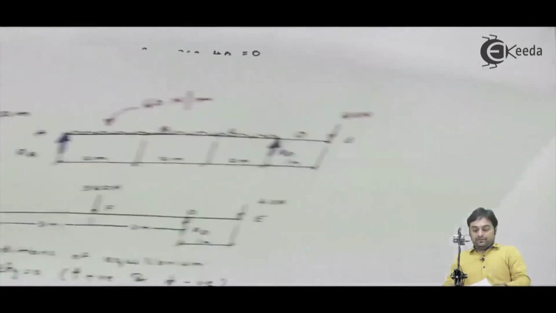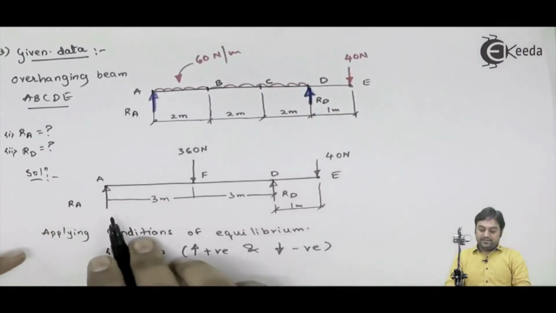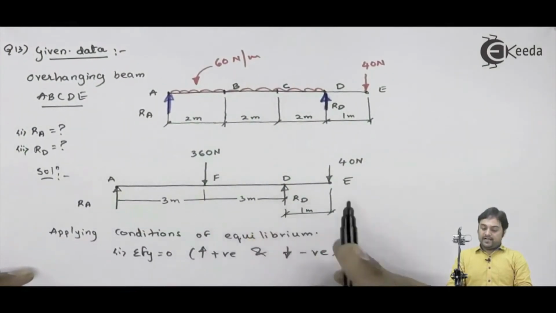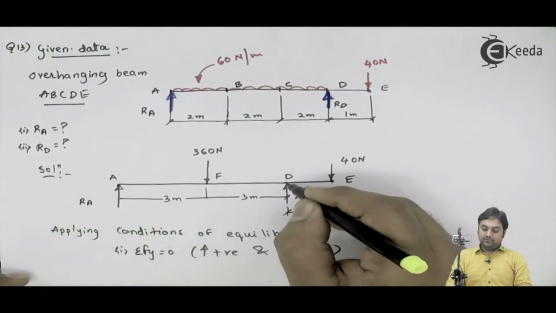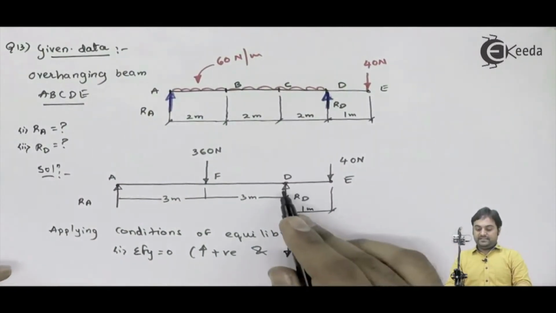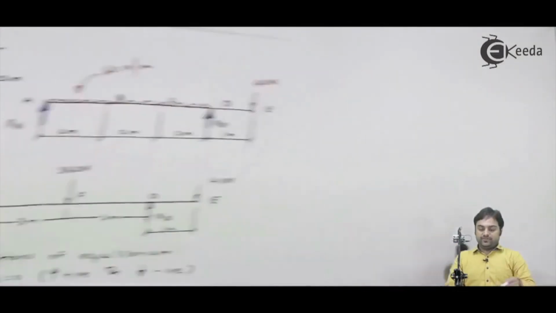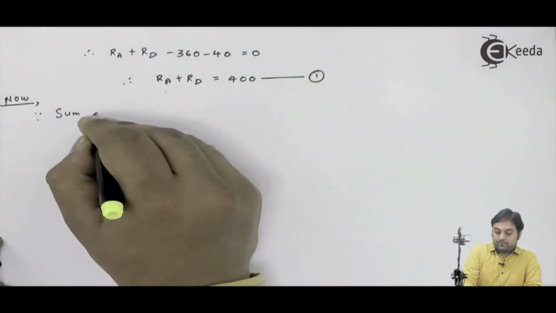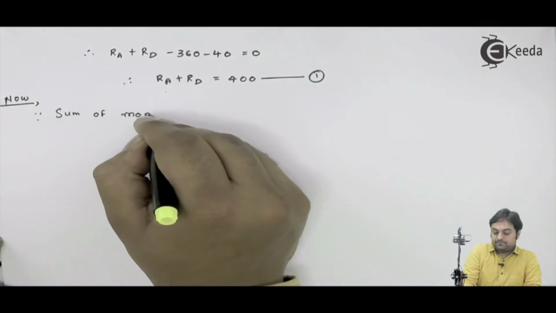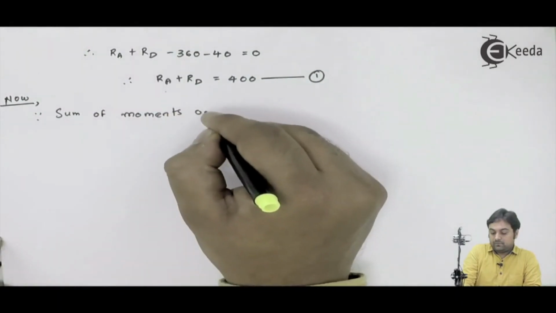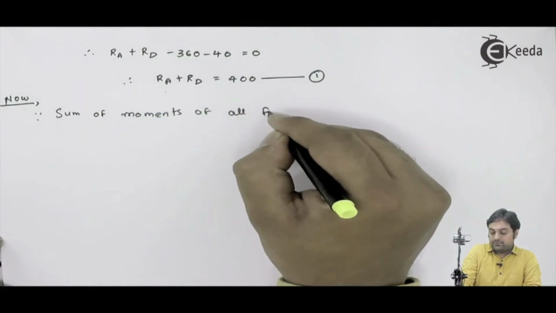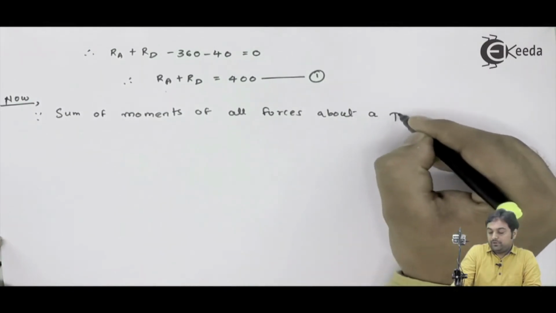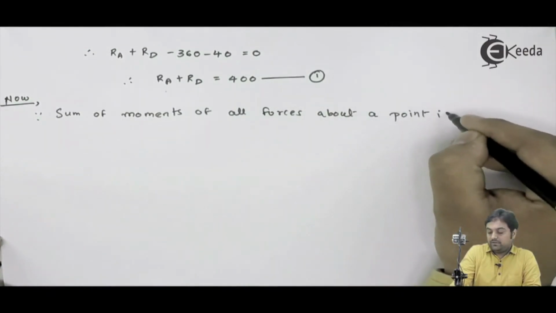Now, since we have to calculate either Ra or Rd first, we can take moments at A or D. In this problem, I take the moment at point D. Taking the summation of moments of all forces about a point is equal to 0.